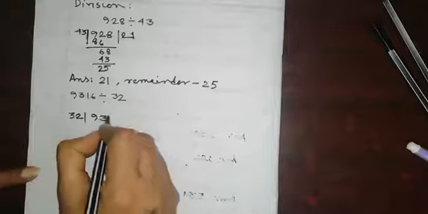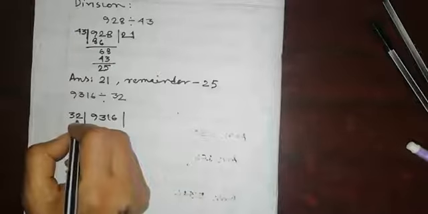Next one, look at there, 32 into 93 and 16. So how many times will it be? Actually it will not go 3 times, isn't it? Because if we multiply with 3, 3 2s are 6 and 3 3s are 9, but it will be 96, actually more than 93.